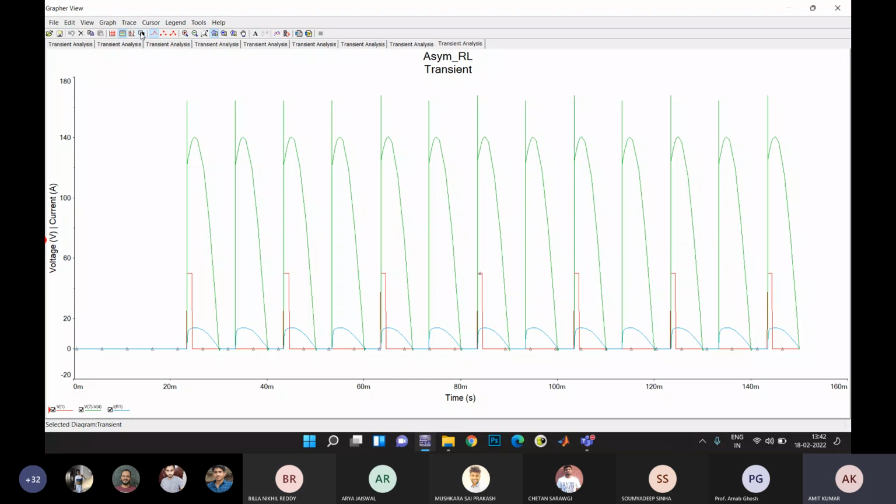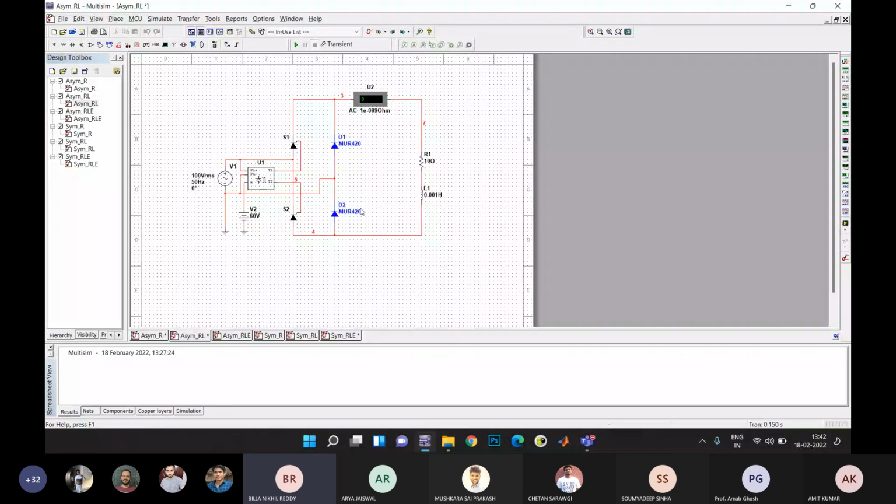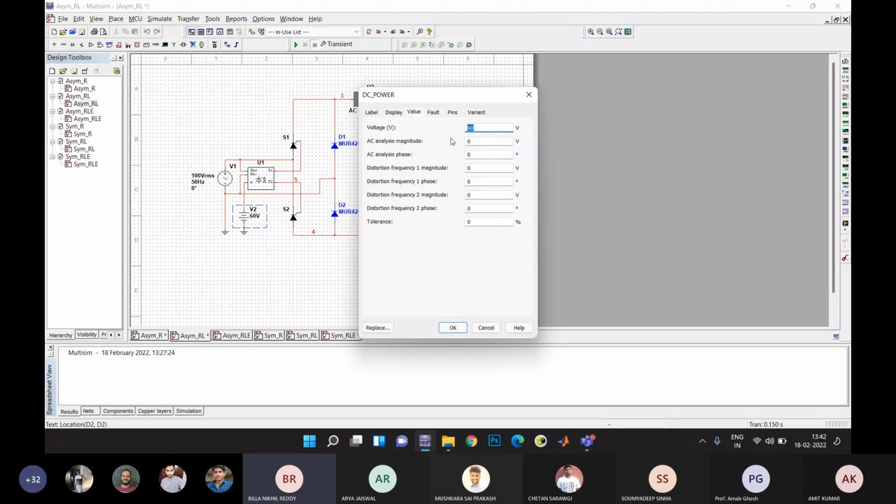This is for RL load, sir. Asymmetric RL load circuit diagram. If you change the firing angle to 150, can you change it to 150?